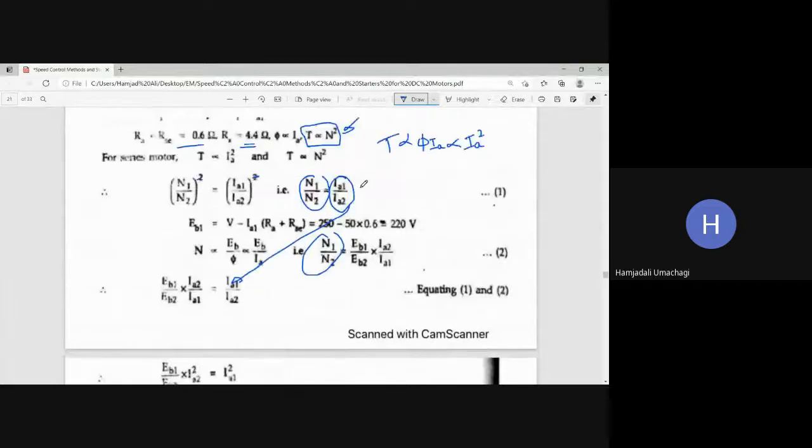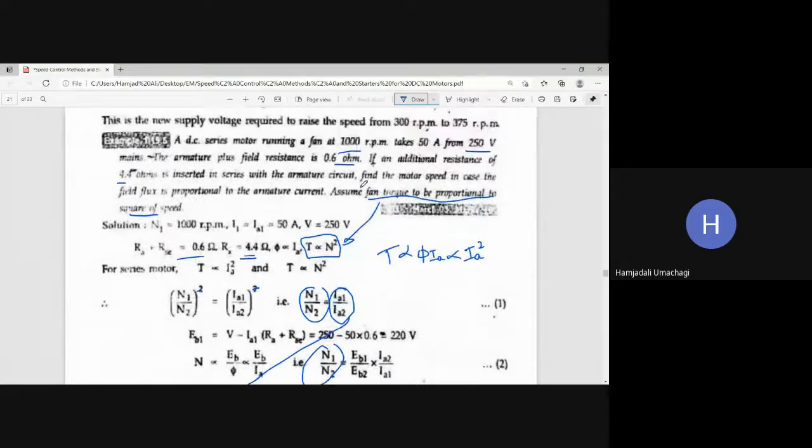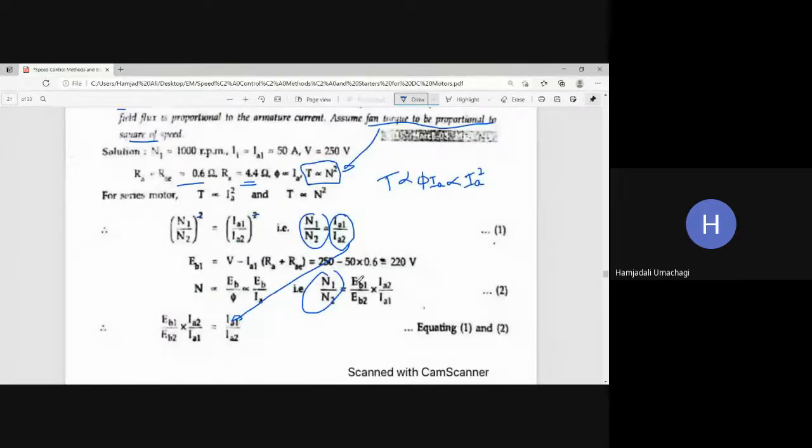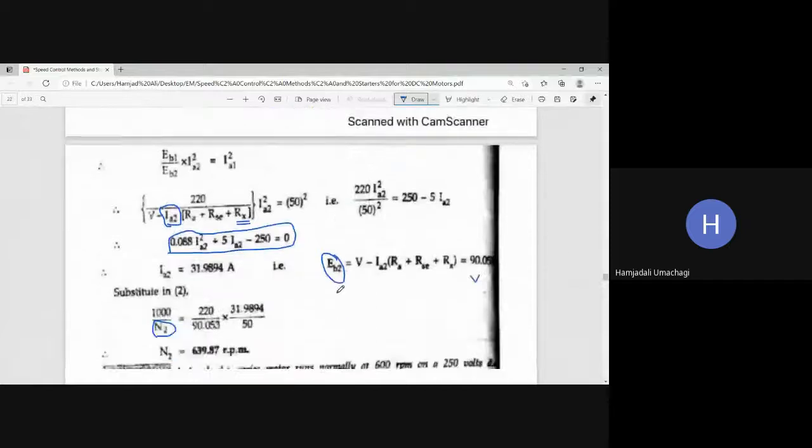On adding the resistance of 4.4 in series with the armature circuit, what will be the second speed? N2 you should calculate. So the only unknown is N2. In this equation number 2, N1, EB1, EB2, Ia2, Ia1, everything is known. Only N2 is unknown, the new speed. So here N2 is 639.87 RPM.